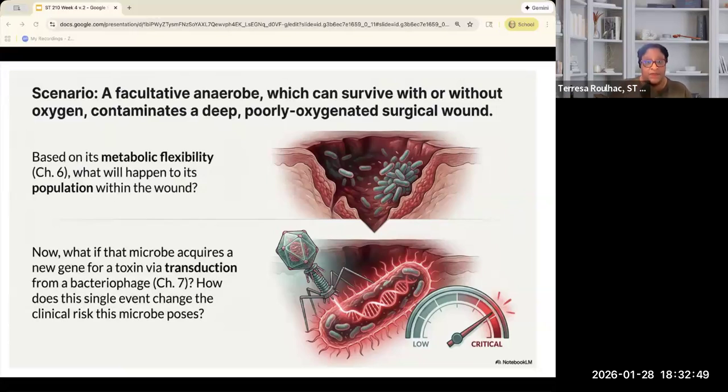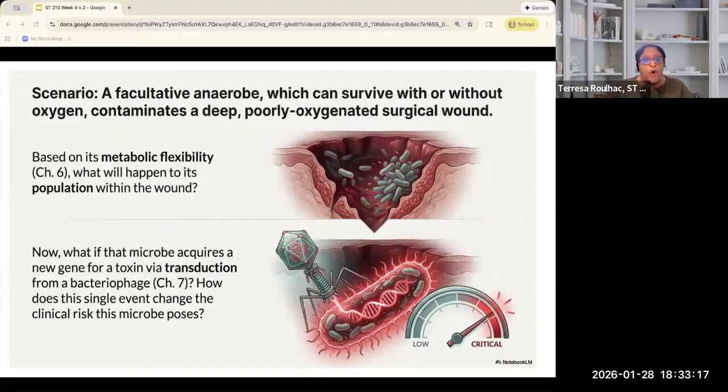That's correct. So, in a wound where oxygen is limited, does the population in this case struggle or adapt? Exactly. Unfortunately, in this environment, the prediction comes straight from metabolic logic, like we already know.